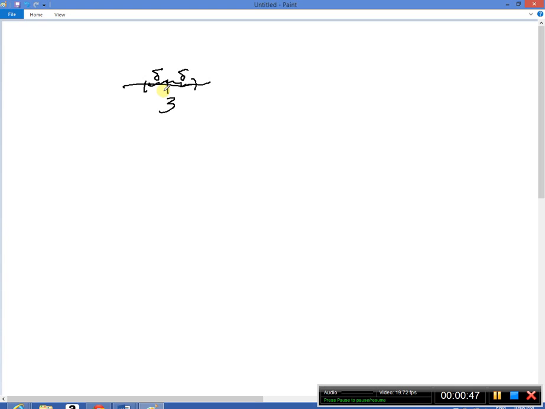So if you look at the y direction, you've got 2 going here, and then 2 plus 0.5 and 2 minus 0.5. So there's your epsilon strip, which is all in there. And so you've got to get in there with your f of x. And you notice that 0.4 to the left gets you to 2.6, and 0.8 to the right gets you to 3.8.